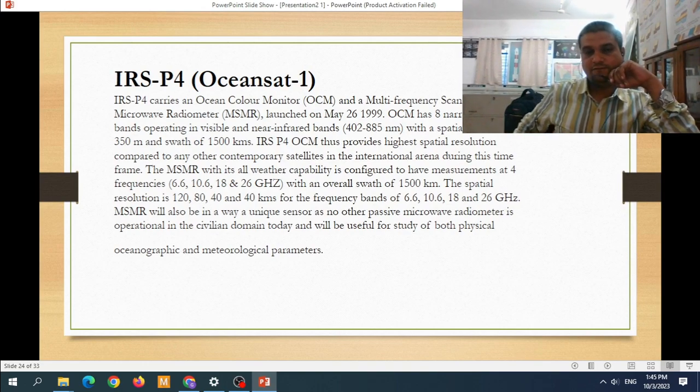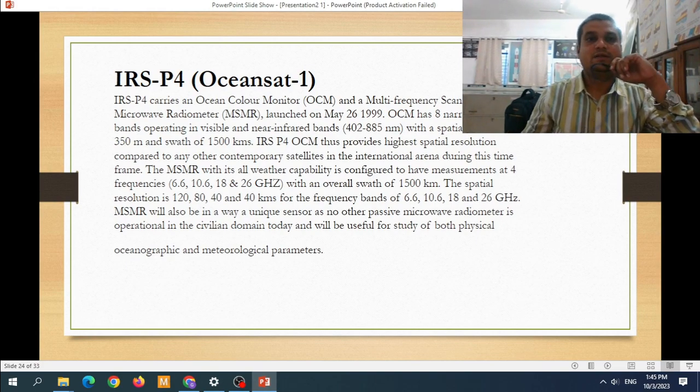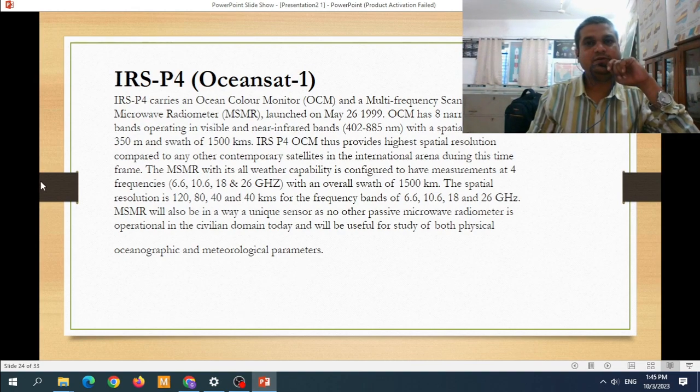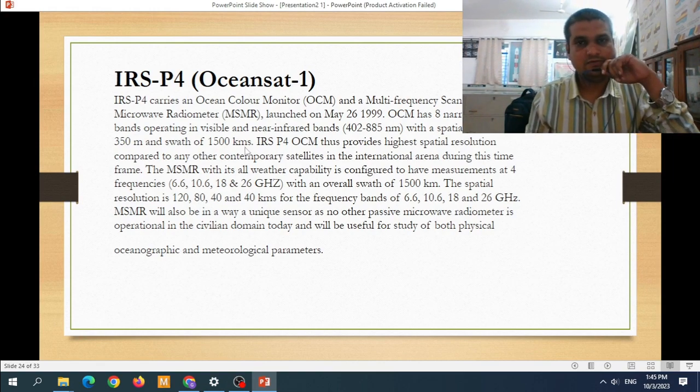The MSMR, with all-weather capability, measures at 4 frequencies: 6.6, 10.6, 18 and 26 gigahertz. This is mostly used for oceanographic and meteorological purposes. You have to remember the 8 narrow spectral bands, the resolution of 350 and the swath of 1500 kilometers.